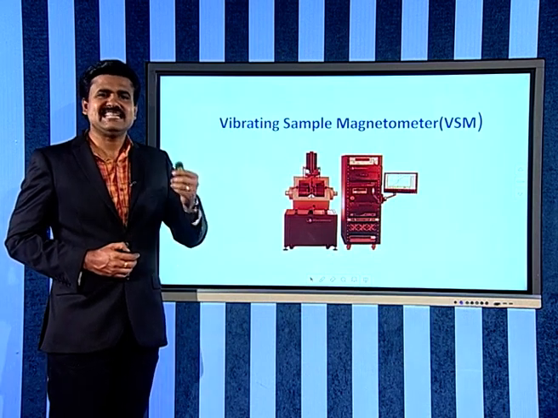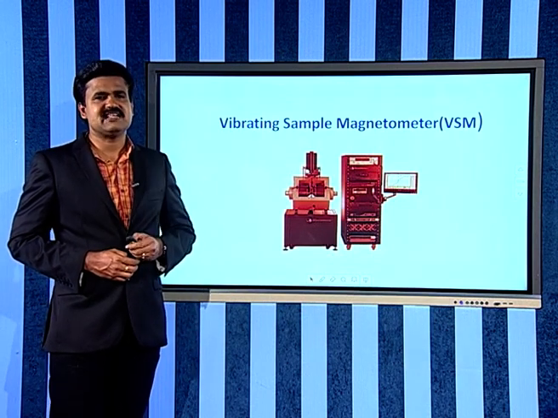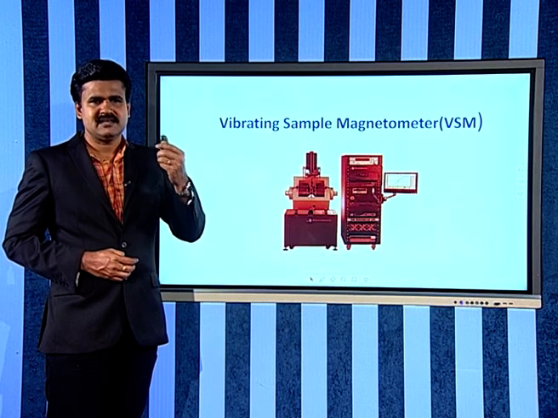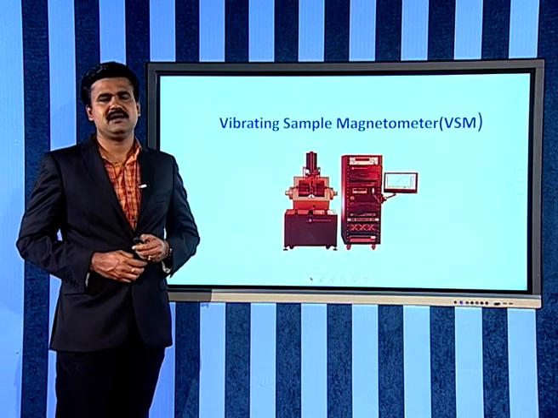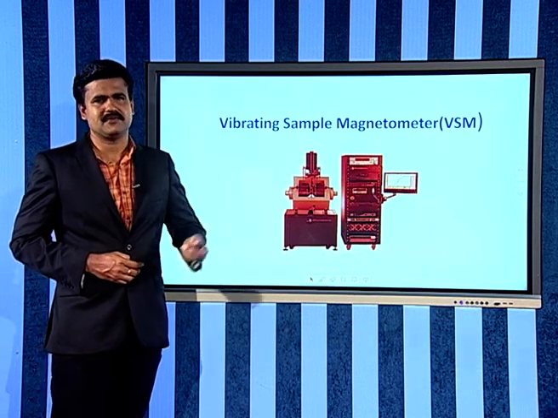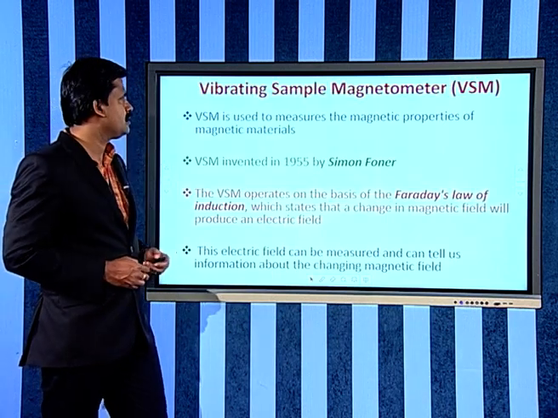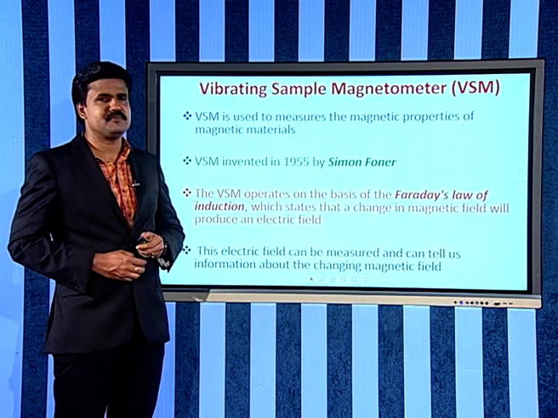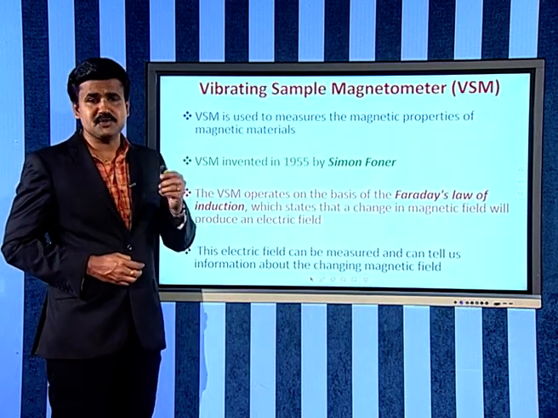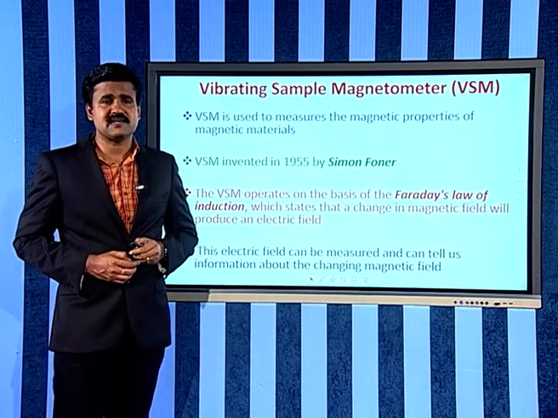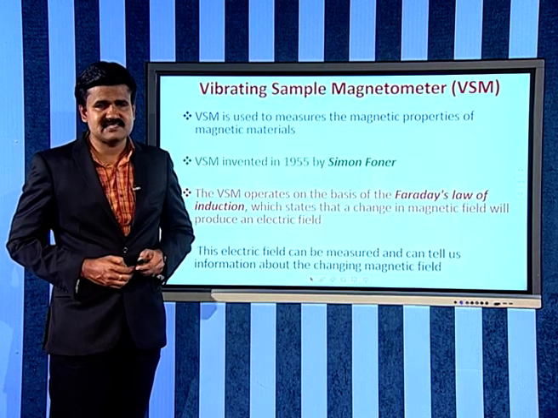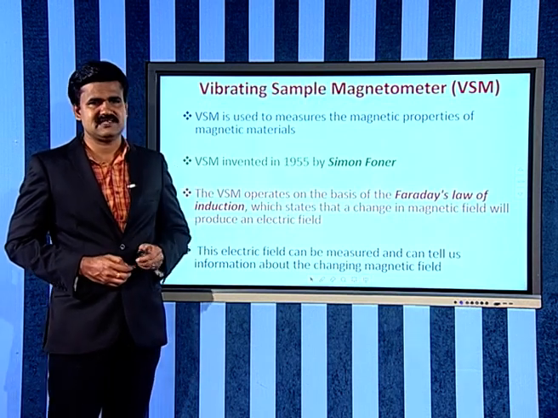We can enter into more details of the instrument vibrating sample magnetometer, since it is highly useful for the characterization of magnetic nanomaterials. Vibrating sample magnetometer is used to measure magnetic properties of magnetic materials, especially nanomaterials.